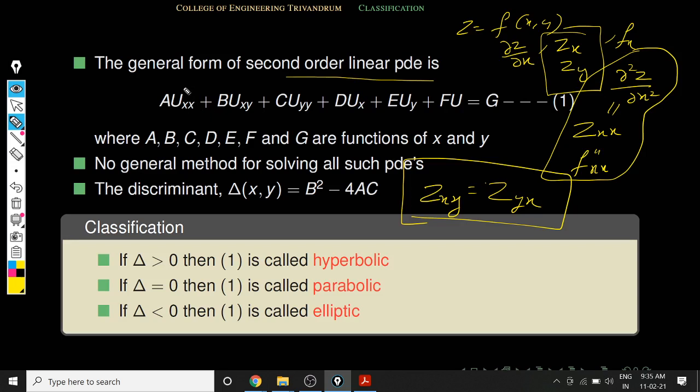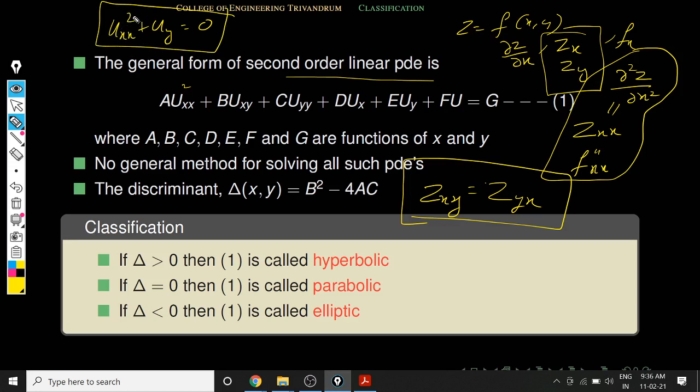This is linear because there is no square term, no power term. For example, consider a partial differential equation like this: (uxx)² + uy = 0. This is a second order partial differential equation, but it is not linear because one term contains a power.